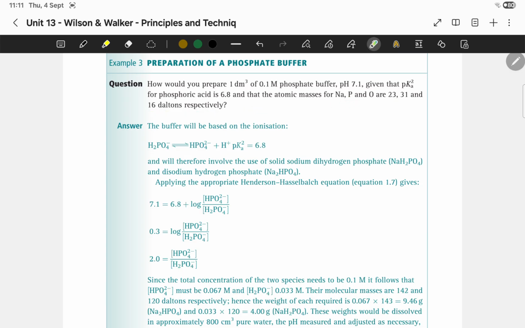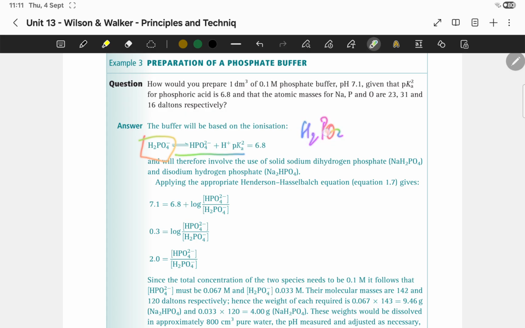So what do we have to find? How would you prepare? Okay, the buffer will be based on the ionization. So we are given phosphoric acid, which will break down like this.